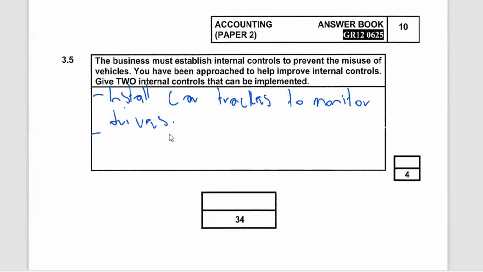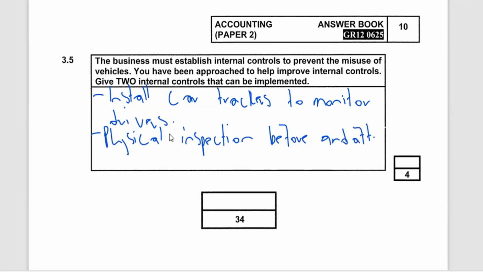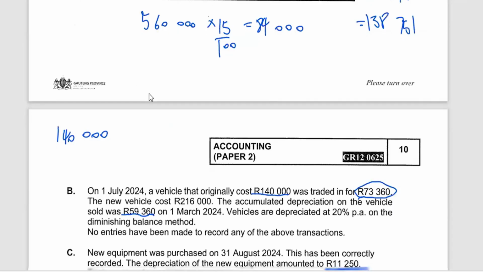So now we can also say physical inspection before and after use. Then you can also say access control. So we are done with our question 3.